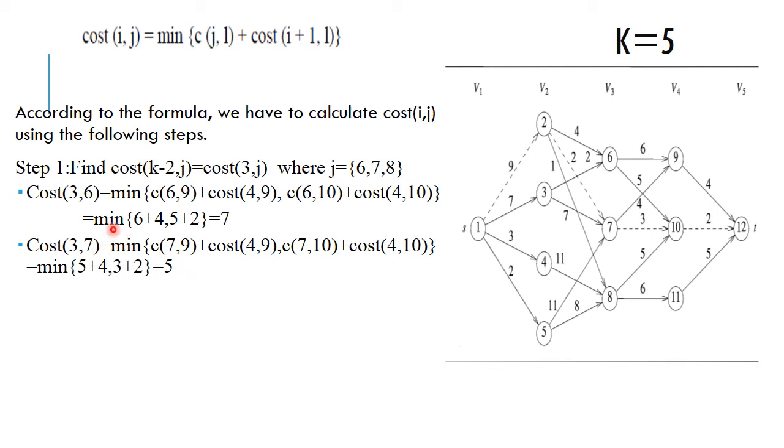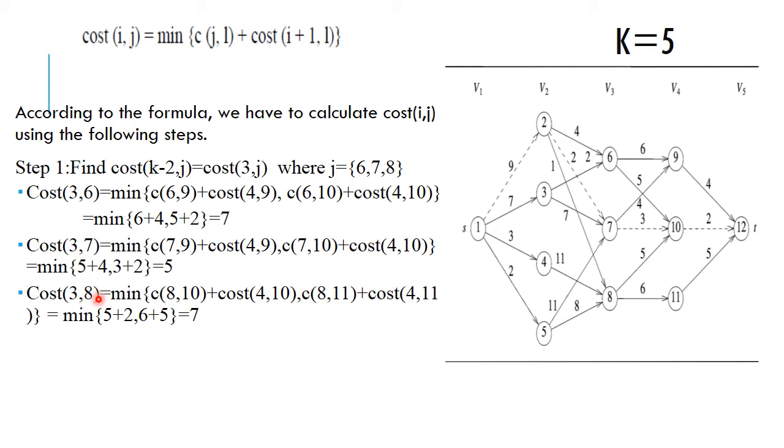This 7 of the third stage is connected to only 2 nodes in the next stage, that are 9 and 10. That becomes your L node. So apply the values and you get the minimum value 5. That is how you can find cost of 3, 7.